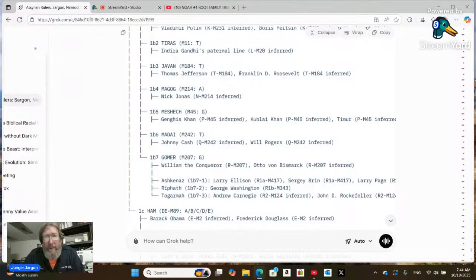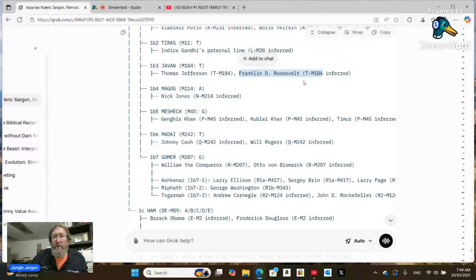Franklin D. Roosevelt also, I mean, if they're judging on his family, he's descended from one of the descendants of Javan, either Elisha, Dodanim, or Kittim, or Tarshish.